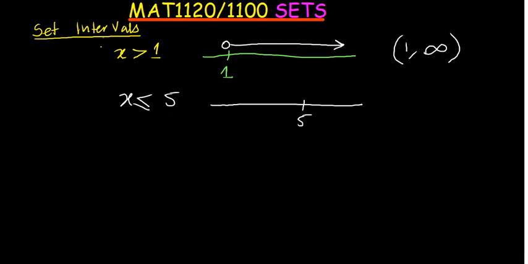Now let me ask, less than, where do we go? Do we go in this direction or we go in this direction? What do you think? If you talk of values of numbers which are less than 5, in which direction are we going to go? Is it to the left or to the right? This is left and then this is right.